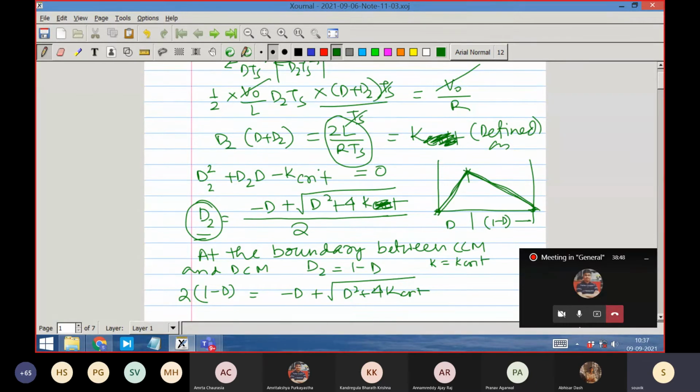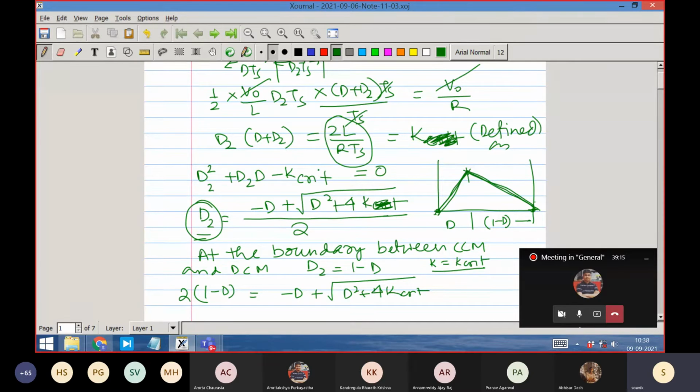Under such a situation, whatever the value of K is, I define as K crit, the critical value. This K is a general value, it can be anything, but K critical pushes it exactly to the boundary between continuous and discontinuous. That is a unique value, right?